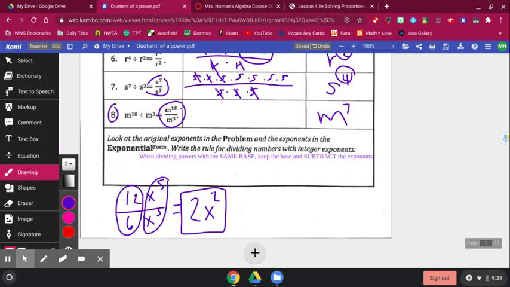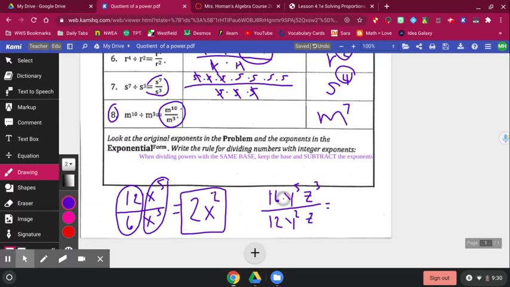What if I had, let's do another example. What if I had 16y to the 5th z to the 3rd over 12y to the 2nd z.